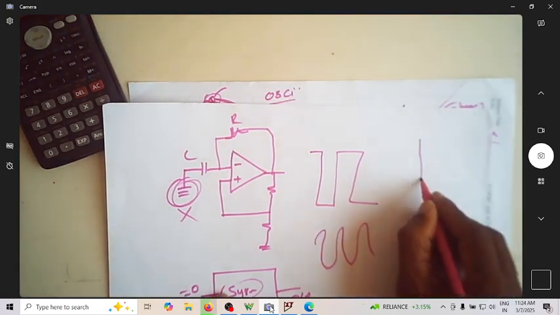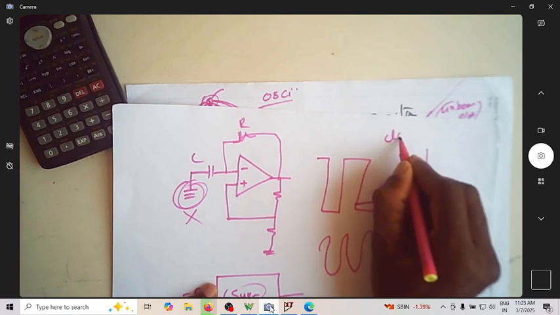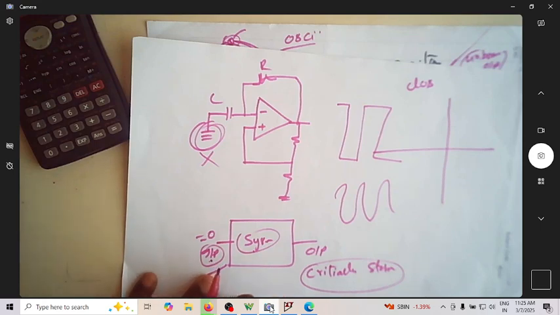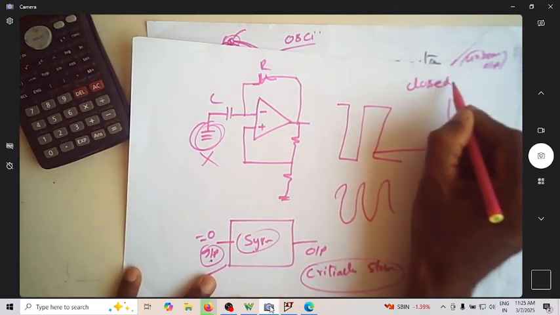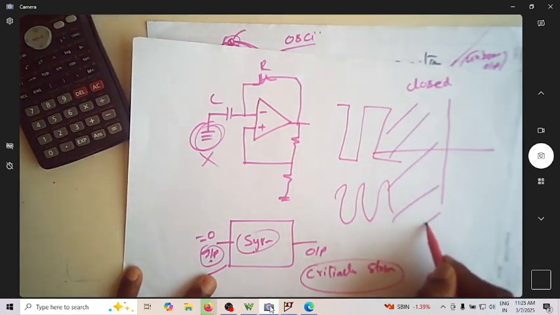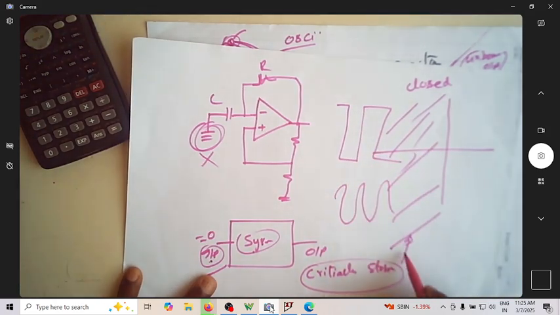There comes the pole position, the closed loop pole. Every system will have a closed loop transfer function. If the closed loop transfer function has poles on the left hand side of the S-plane, the entire left hand side, then the system is said to be stable.